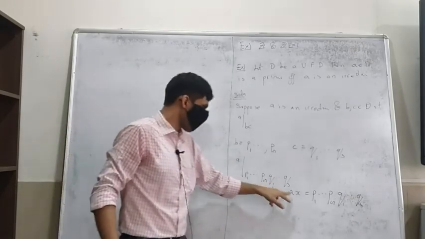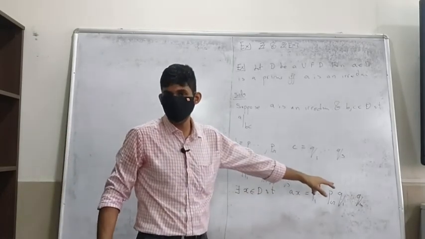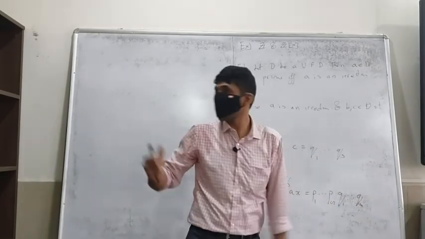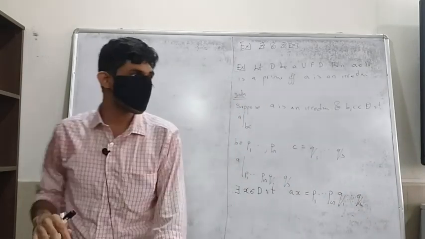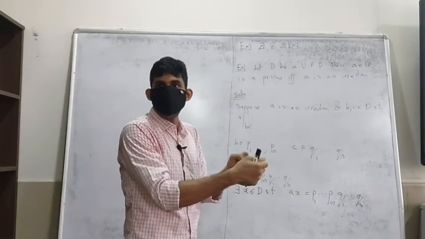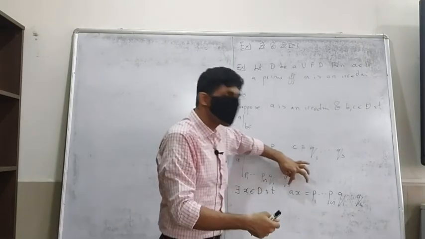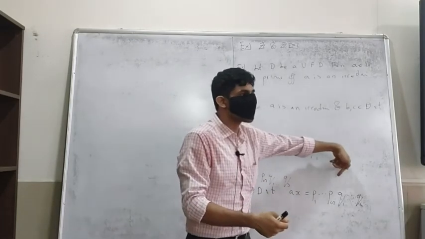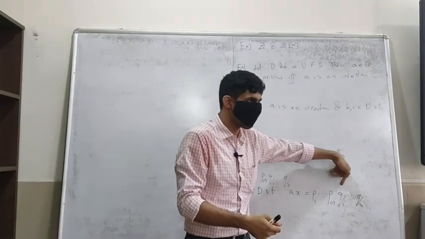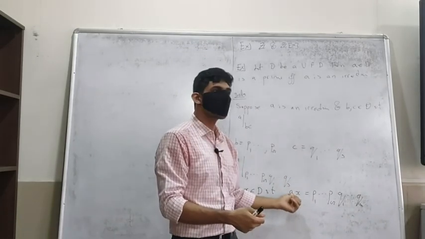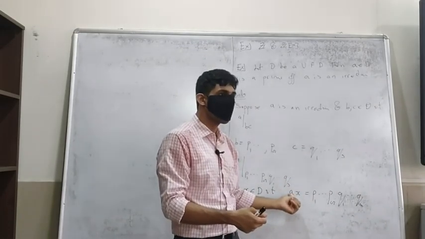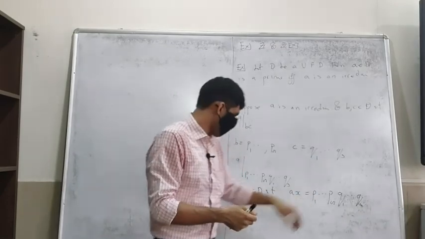So A times V1, V2 up to Vt, and this product. But what does the uniqueness of the prime factorization tell us? That by some rearrangements, all irreducibles here are associates of all irreducibles on that side. But A is an irreducible on the left.